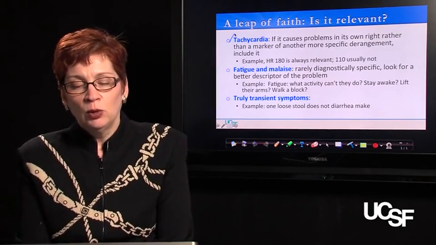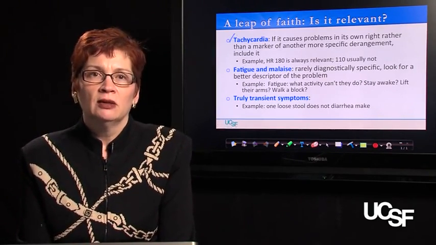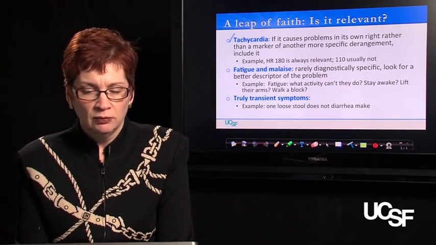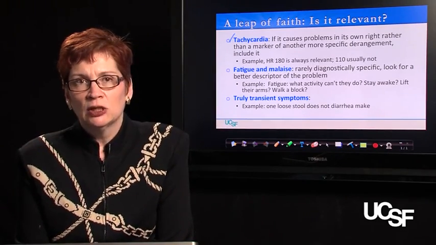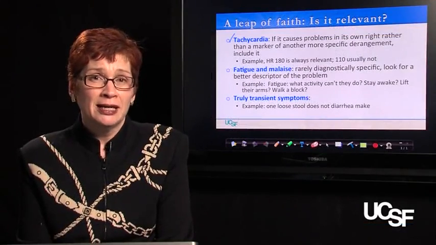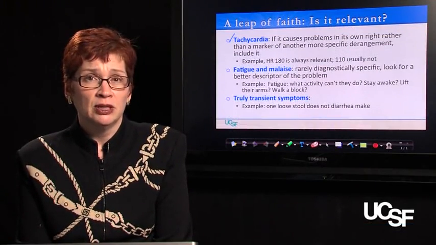Tachycardia. If it would cause problems in its own right, rather than just be a marker of another more specific derangement, you could include it. So this tends to be at the extreme. So a heart rate of 180 is always relevant as an independent component of the problem representation or patient illness script, because 180 is high enough to be a problem in its own right.